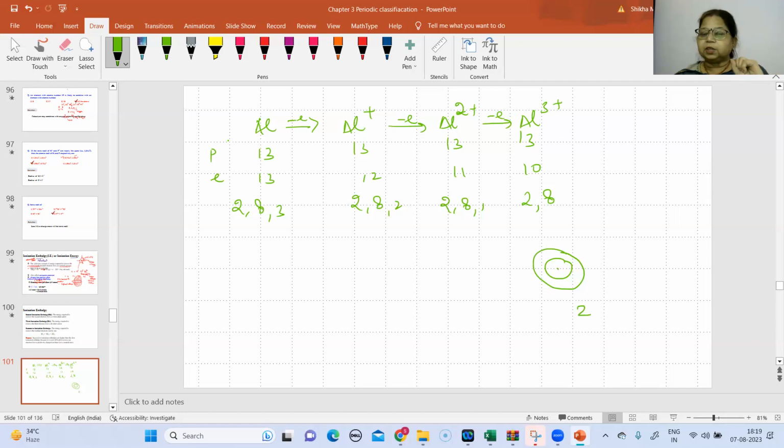So in fact, it has become closer to the nucleus, isn't it? Here we were operating with the 3 shells till this. So I might have missed something. Please correct me if I have understood something incorrect.